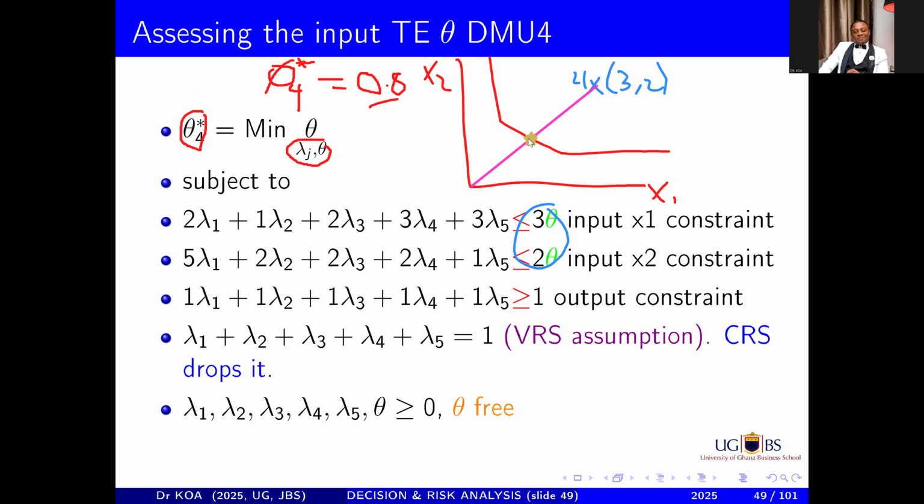What is going to help us to draw down, to reduce those inputs? By going towards the origin.